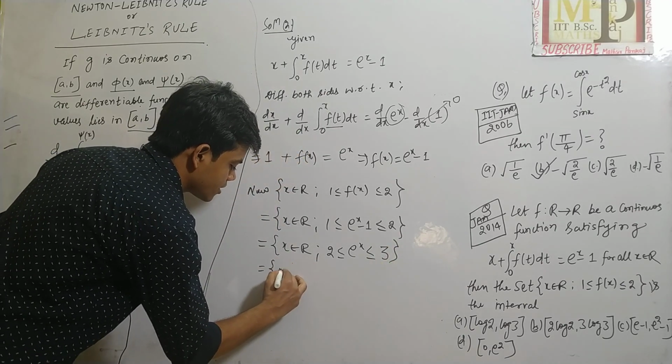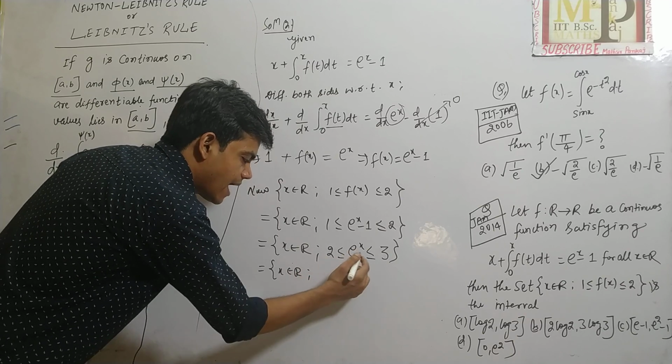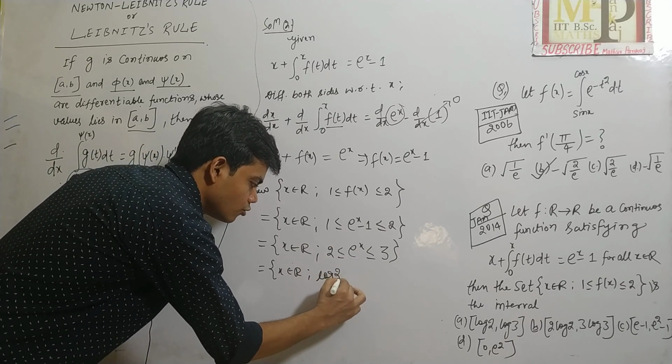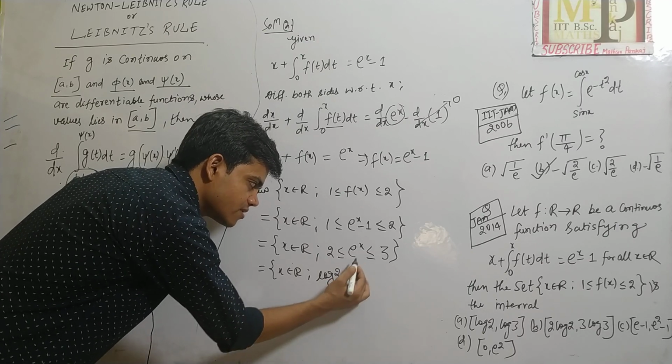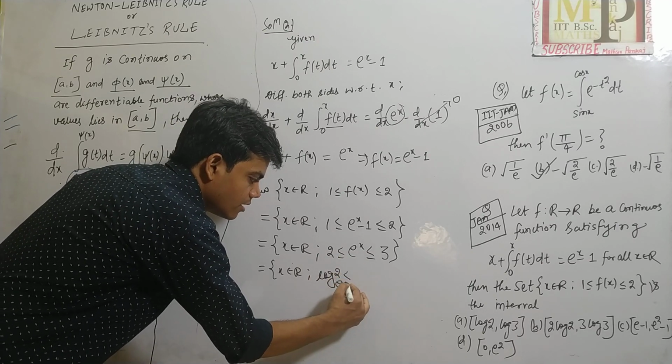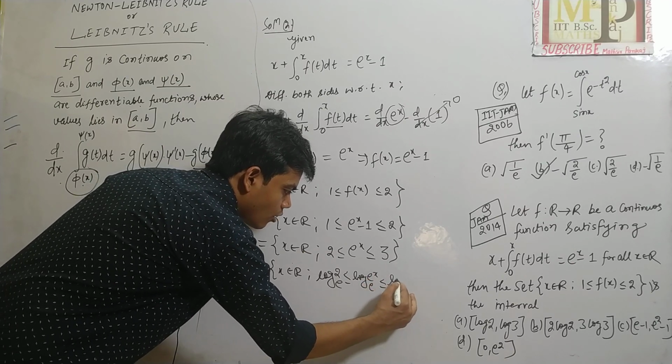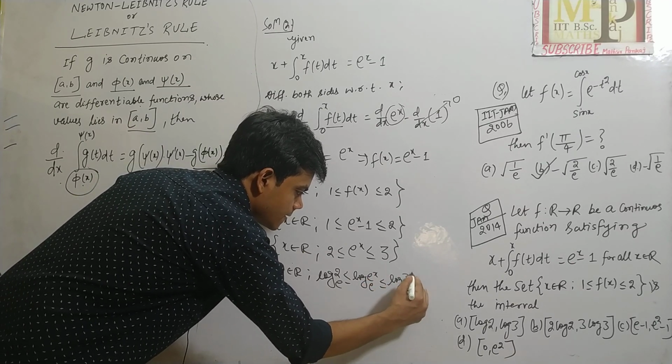Now this is x belongs to R, and you should take log with base e in each, then you will get what, e to the power x base e less than log 3 base e.